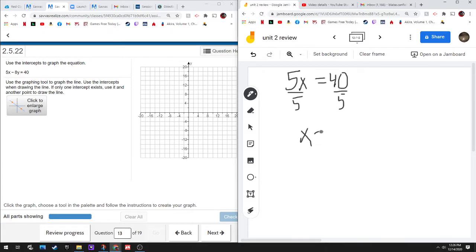My x-intercept is 8. And then I do the same thing for my y-intercept. But this time when I plug in the 0 for the 5x, it's going to be negative 8y that's left. So now I need to divide by negative 8. So 40 divided by negative 8 gets me negative 5.